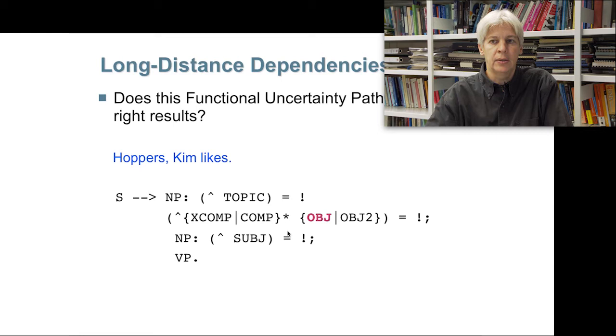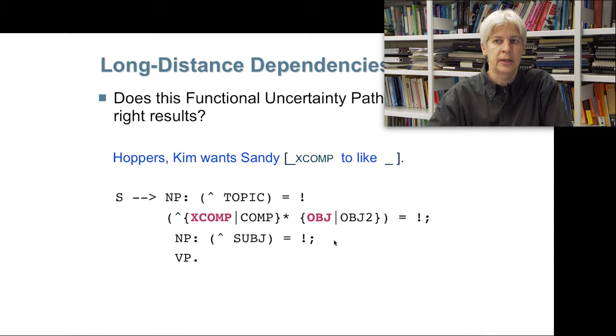Well, it could be either an object or an object too. Likes doesn't subcategorize for an object too, it subcategorizes for an object, so we're going to pick this option. And then it could be in this kind of a path over here. But in fact, we don't have any XComps or comps. Likes doesn't subcategorize for any of these. So we're going to choose the 0 option. We're just going to say this NP is a topic and it's also the object of my clause. And that'll work out.